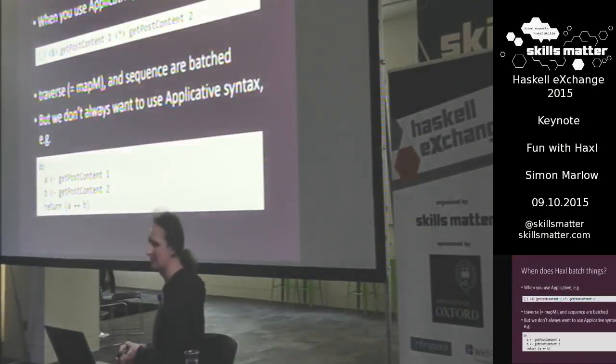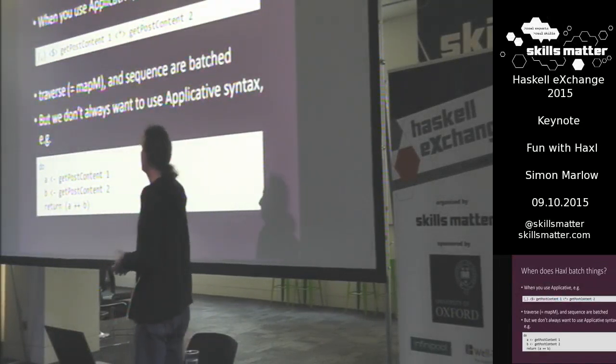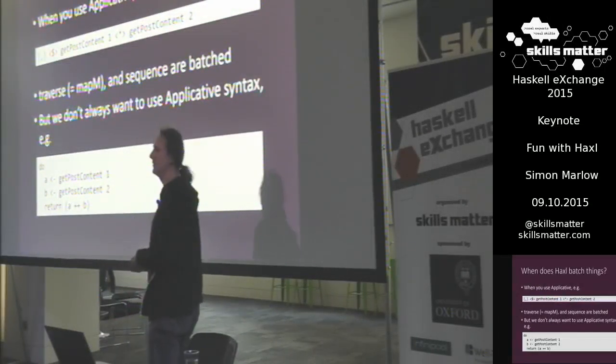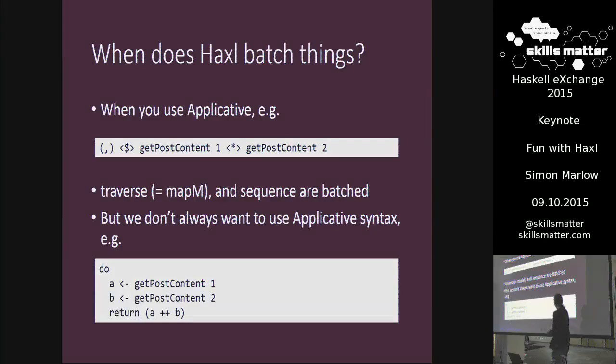Okay, so we've seen all the pieces for a simple data source. But how does this batching work? So we saw that when you do multiple requests using mapM, they'll get batched together in a single query. But when does Haxl do the batching? Well, the simple answer is that when you use applicative, you get batching.